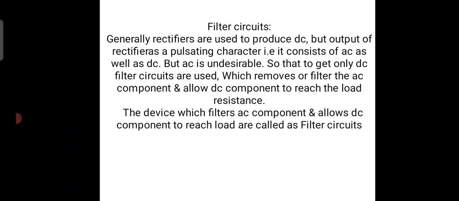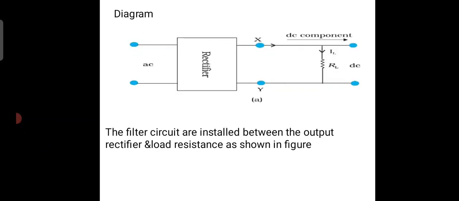A device which filters the AC component and allows the DC component to reach the load resistance is called a filter circuit, or circuits employed for removing pulsation are called filter circuits or filter networks. Filters look like this as a circuit diagram.